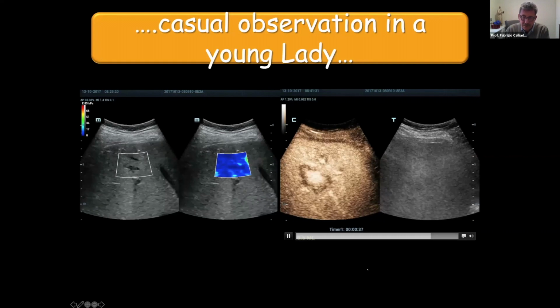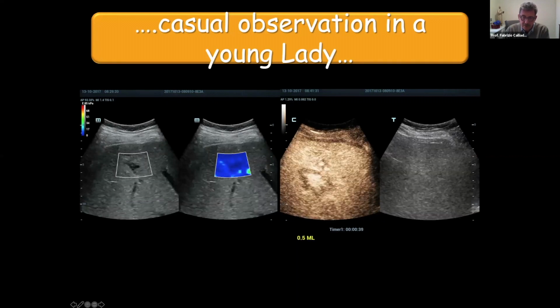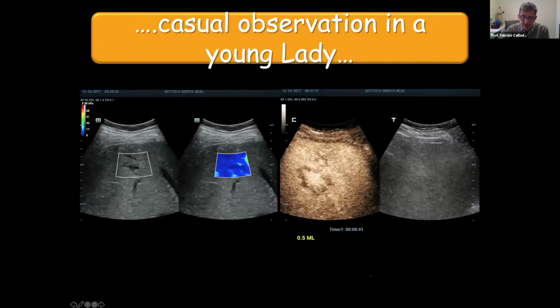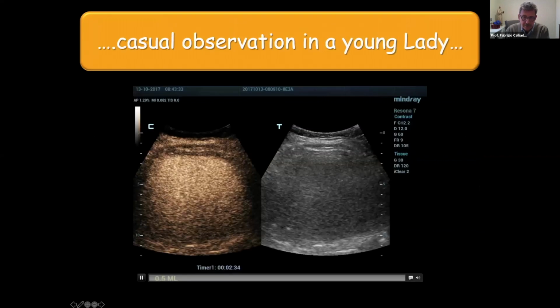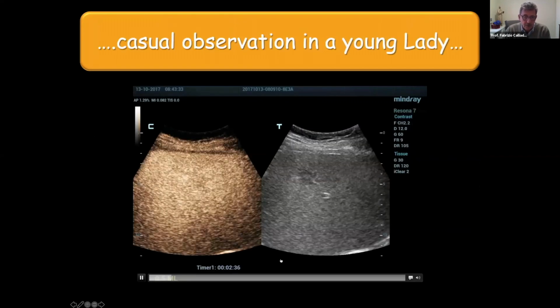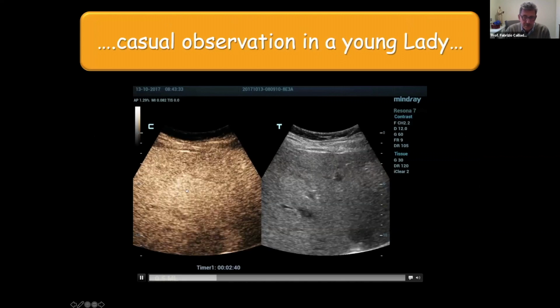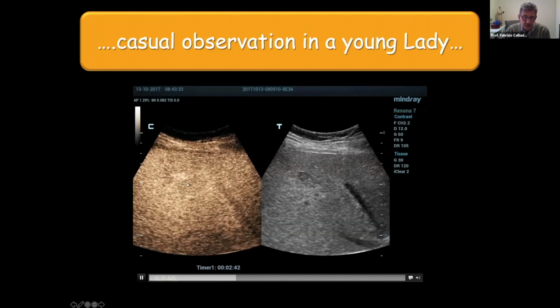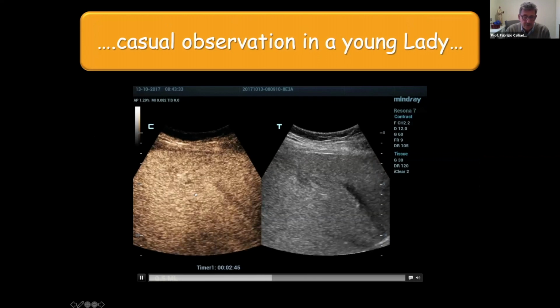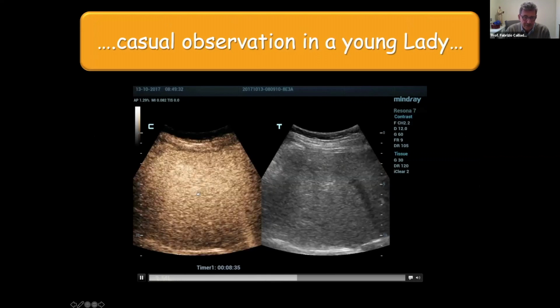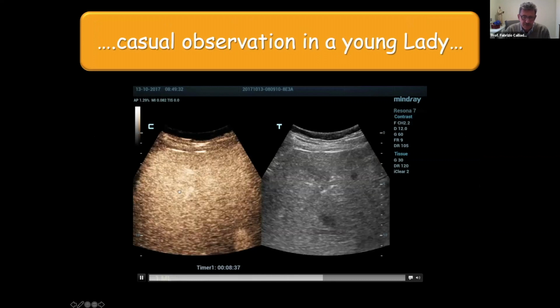Here, the same. We are now at 40 seconds. And at 2 minutes 34, the lesion was here, and we see the central portion. Not really washout, but the lesion is full of contrast anyway.